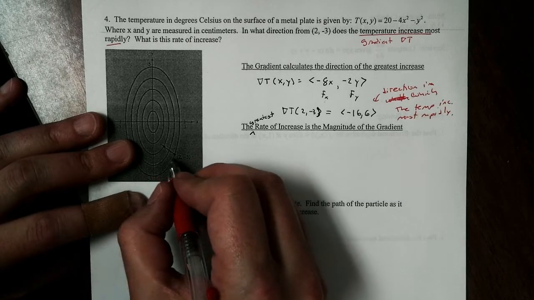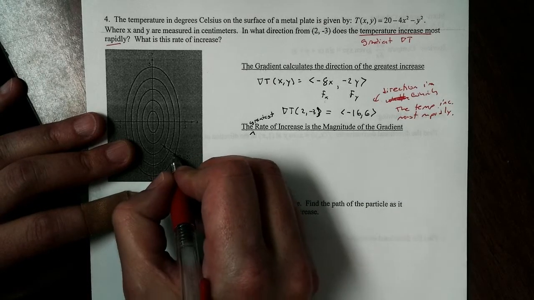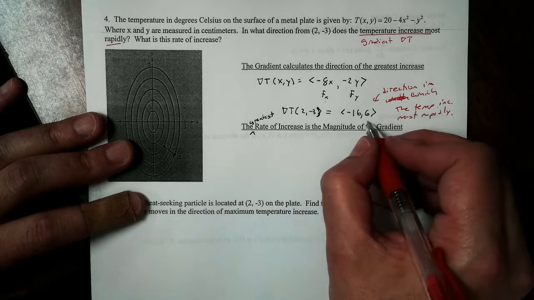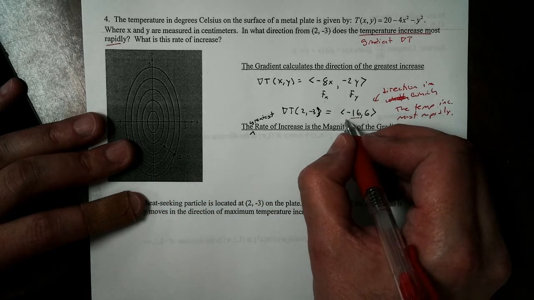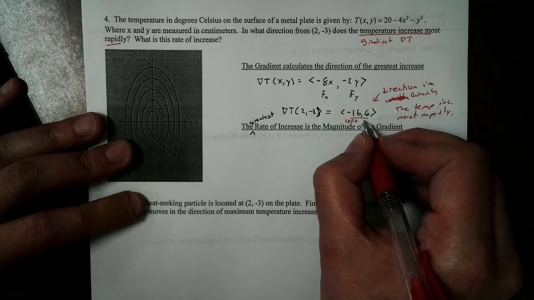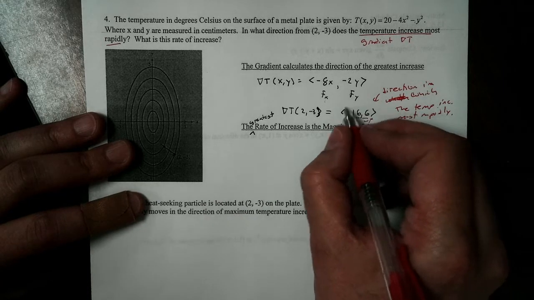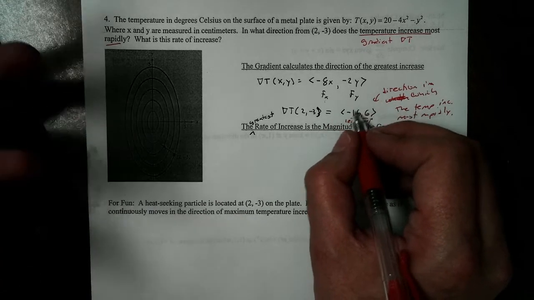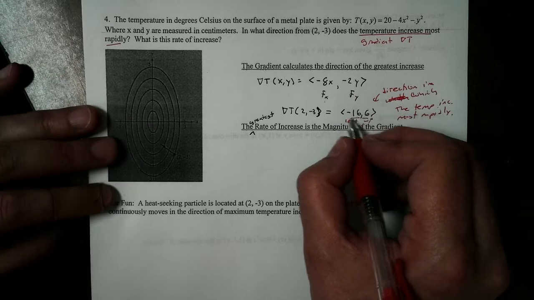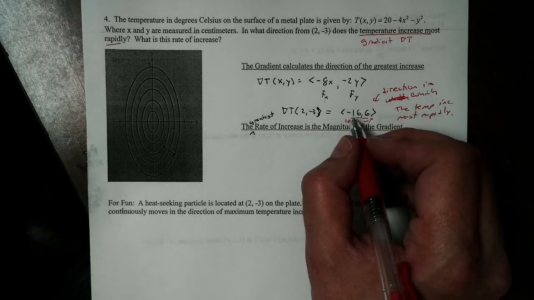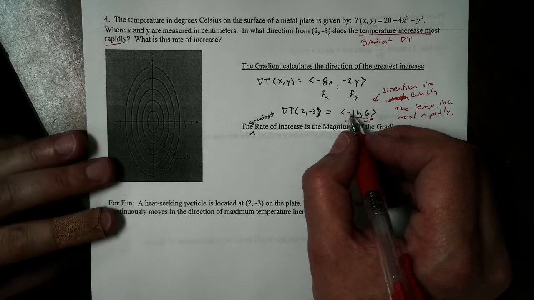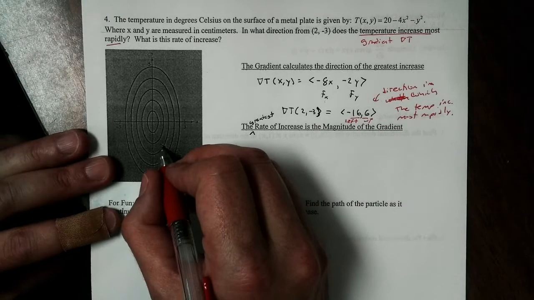So we're standing at this point (2, -3), and it's telling me to go left 16 and then up 6. Now I can reduce this, because it is a direction vector. I can divide everything by 2 and I get (-8, 3), and it'll still be the same ratio.